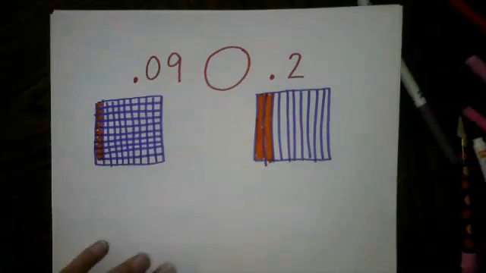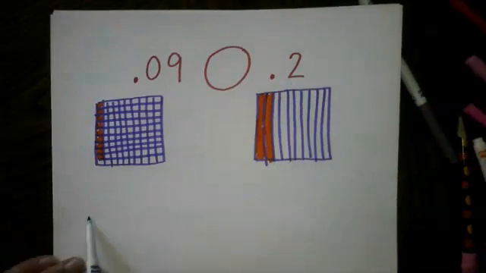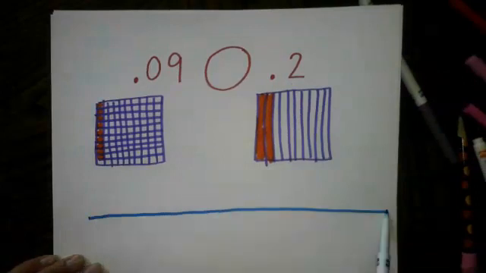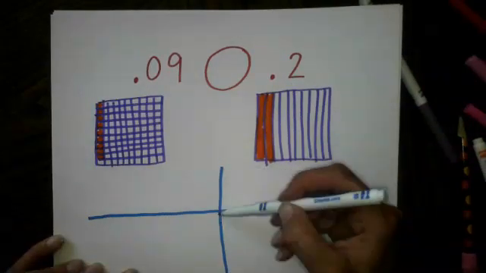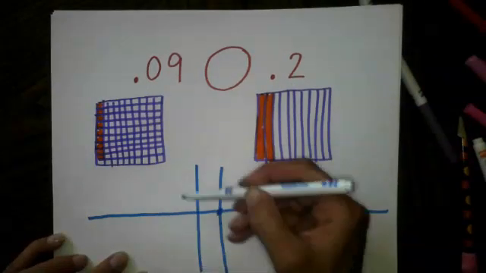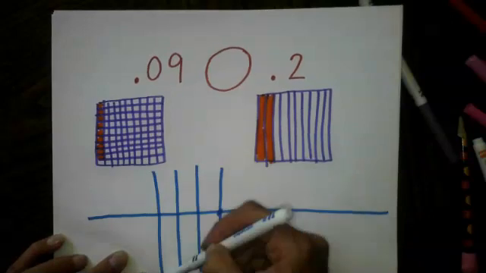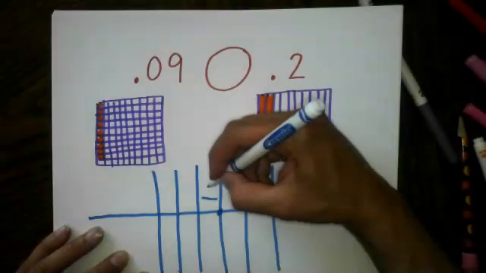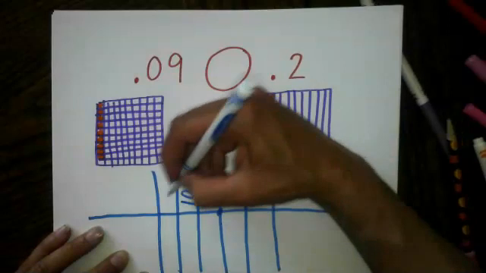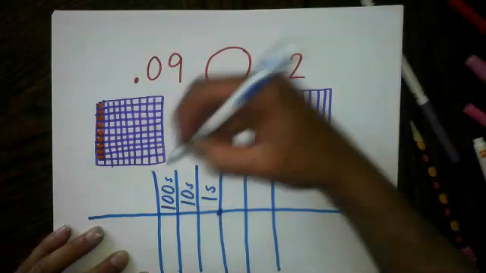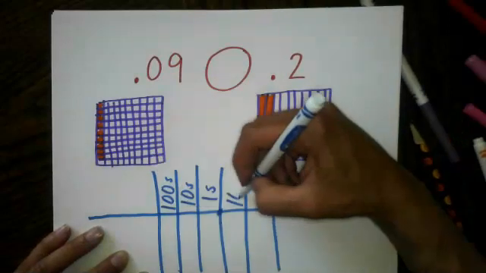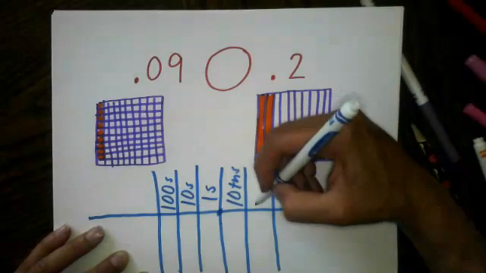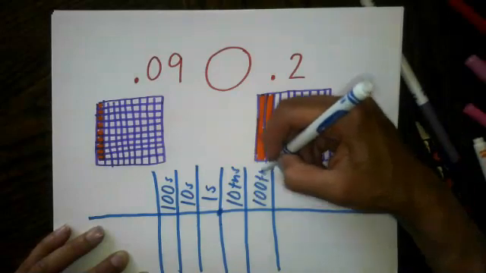Let's draw a number line. And this is where it should really start to make sense. Okay, so we have our ones, our tens, and our hundreds, and we have our tenths and our hundredths.